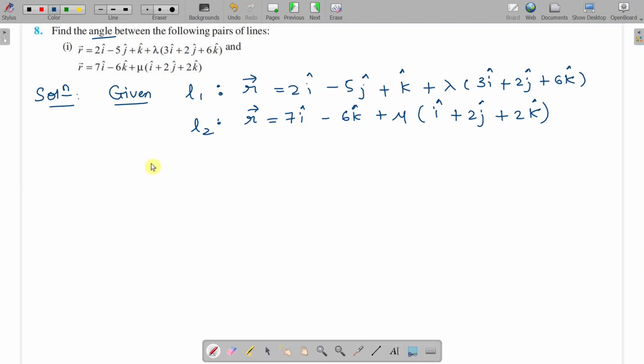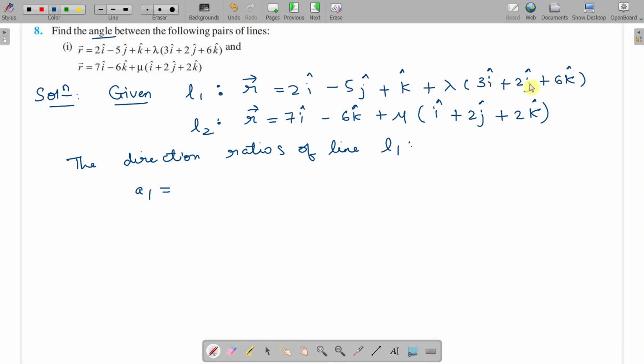Now to find the angle we have to write the direction ratios of the line. The direction ratios of line L1 are a1 equal to, so direction ratios are obtained by looking at the b bar vector, right?